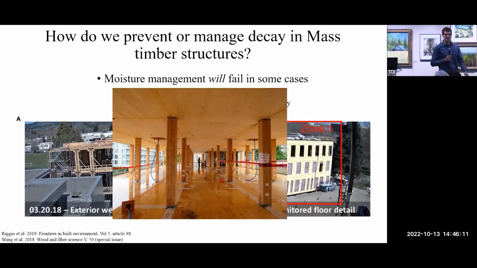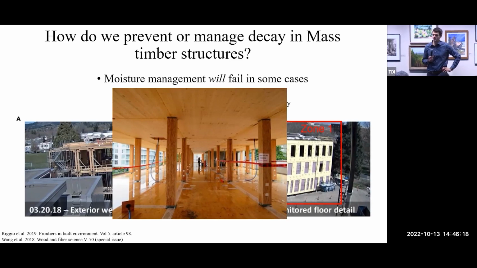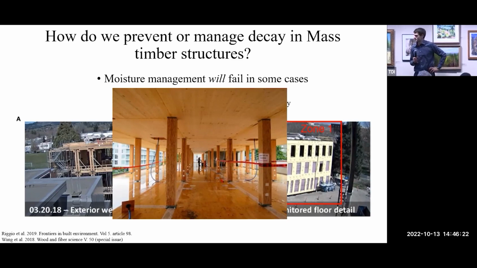Moisture management does fail sometimes though. These buildings are particularly vulnerable during construction. This is before my time at OSU, but this is a picture taken, I believe, by my predecessor, showing PV Hall with quite a lot of water on some of the floors.